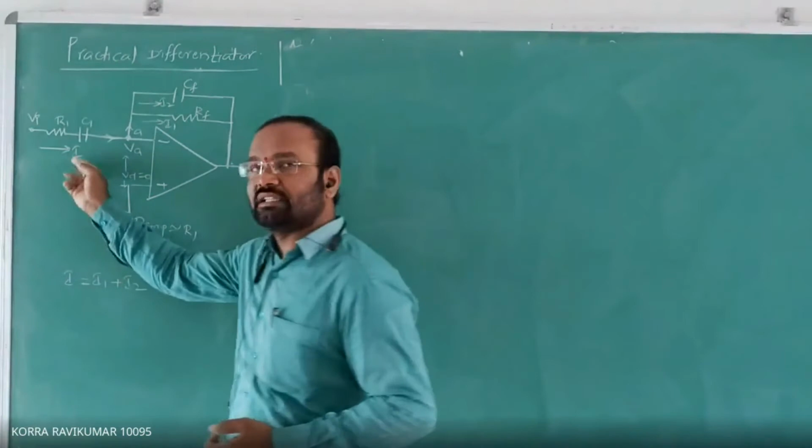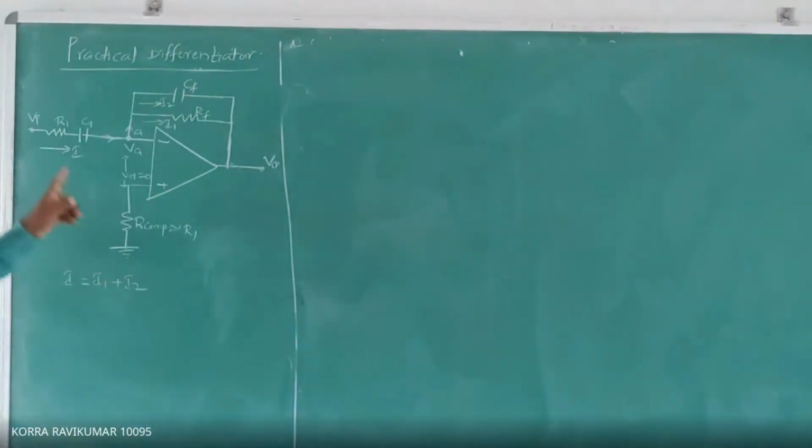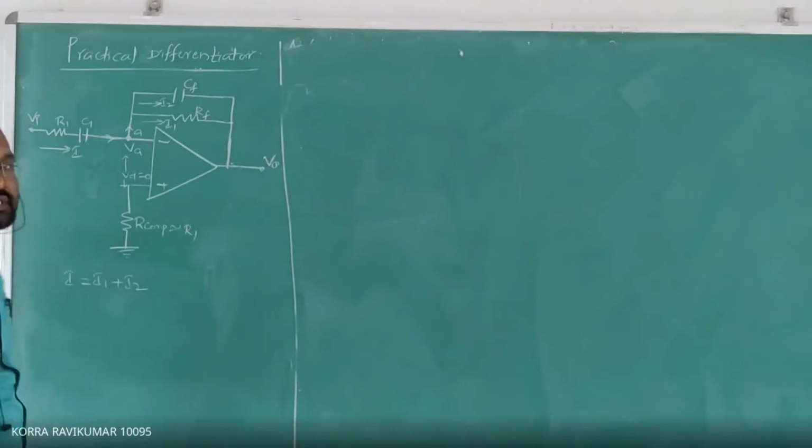So to calculate the expression for the current I, it is the voltage VI minus VA divided by R1 plus C1.